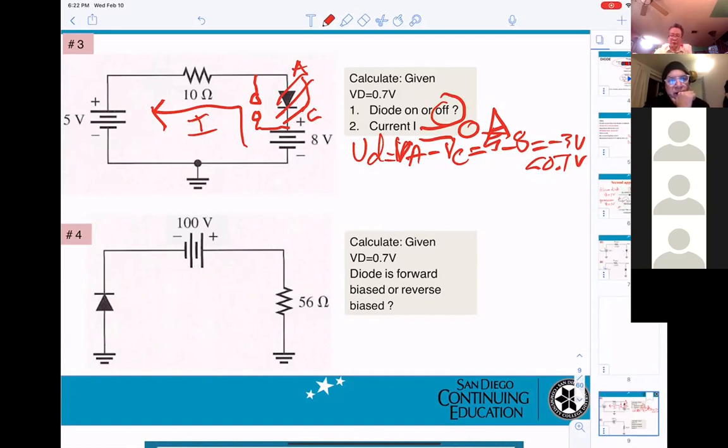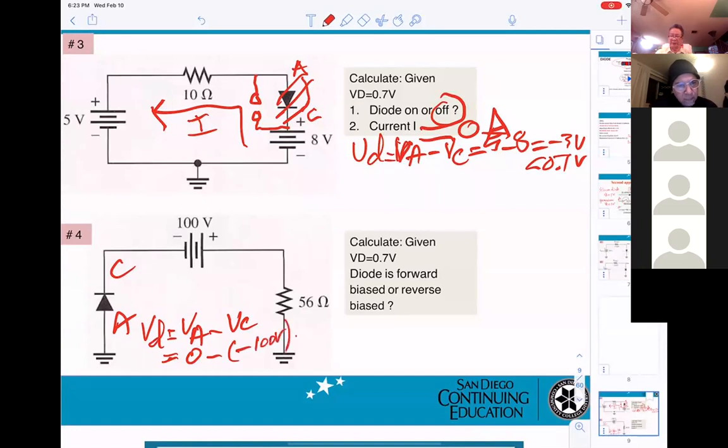And also make sure you know that this will be A here, VC here, okay? VD is VA minus VC. They will be 0 minus minus 100. That equals 100 volt.